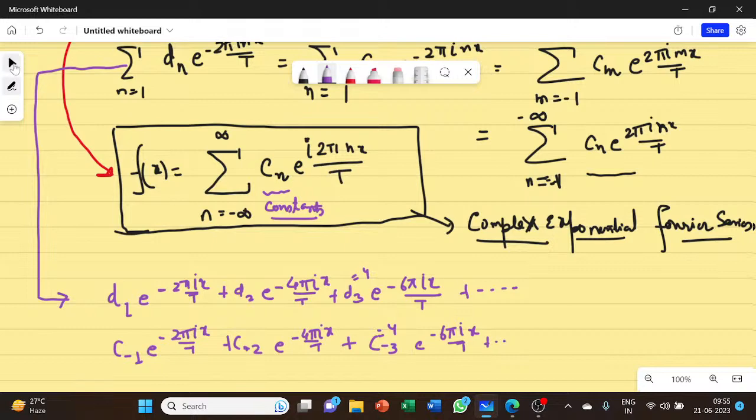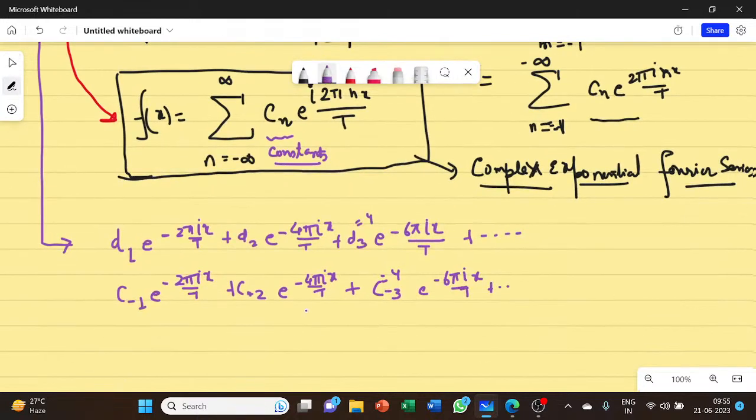So what I want to say is that if I do it in this manner, can I not write this as c minus n e to the power minus 2 pi iota n x upon t, where n varies from 1 to infinity? And then instead of n, if I use minus n, what will happen?